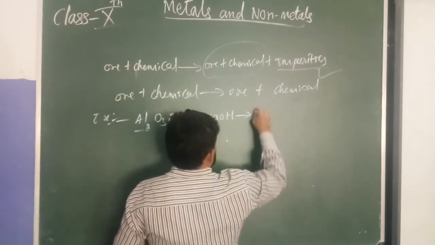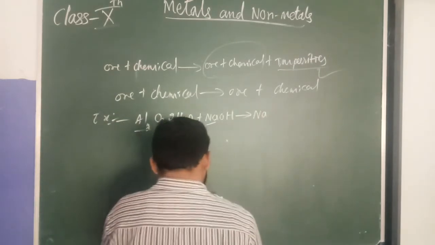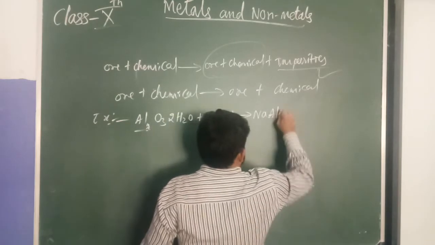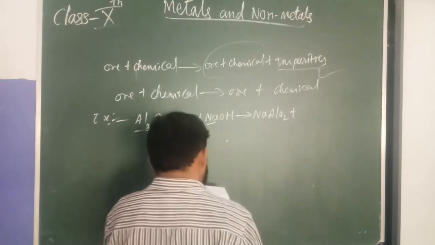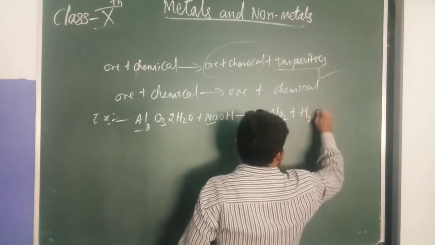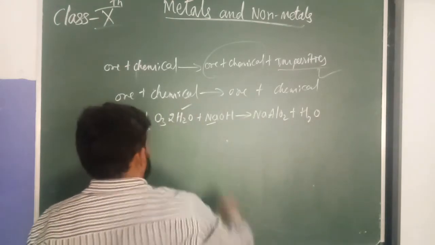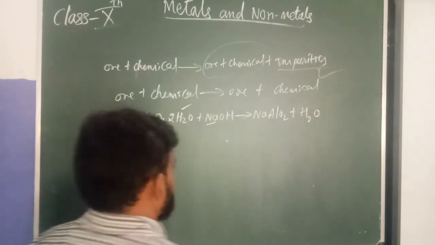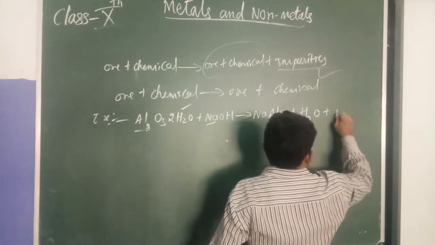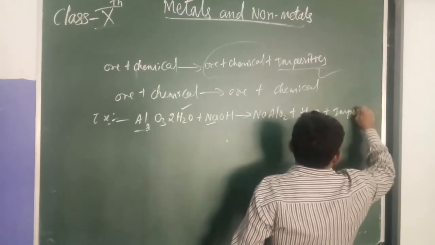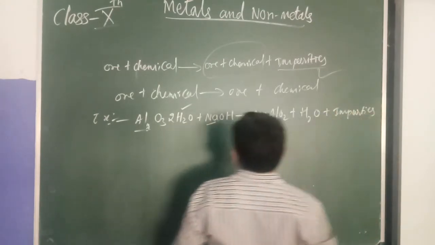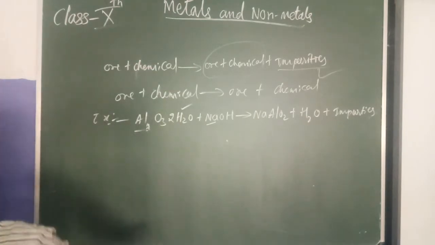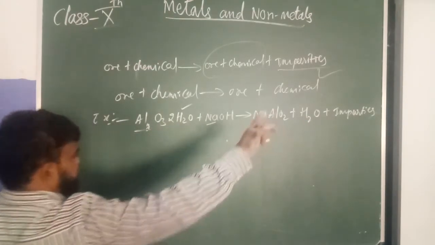It will form sodium aluminate, and hydrogen will separate, plus impurities. The remaining part, the rest of the oxide, will be there. These impurities will be separate.